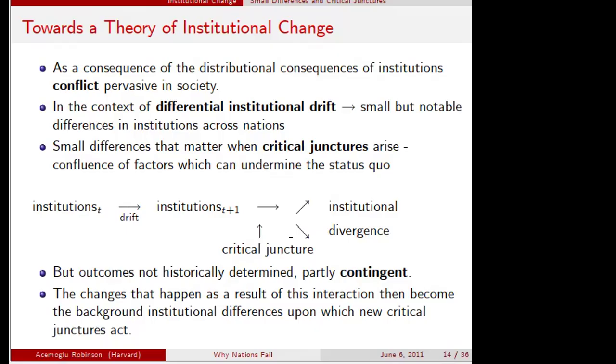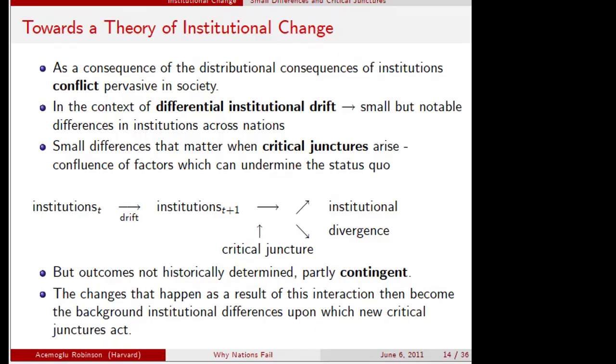Importantly, the author of this book has emphasized that outcomes at critical junctures are not something that is predetermined. They are partly contingent in nature, which means that there is some genuine uncertainty, there's some genuine room for human agency. You can call it leadership or choice as well.